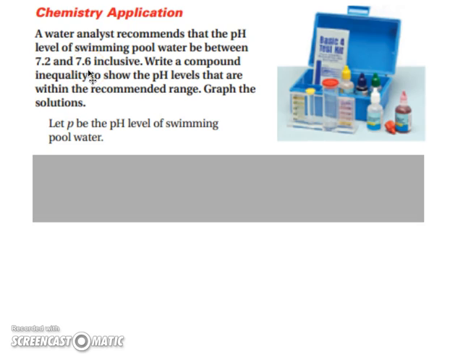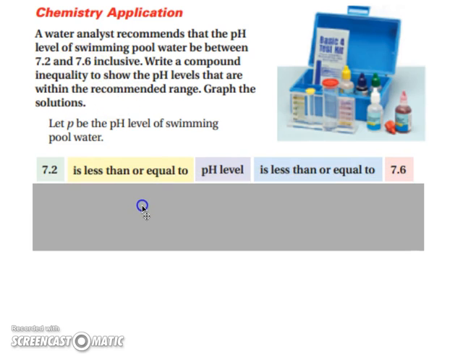So inclusive, we're going to basically go between, because we're going to include everything between them. So we have 7.2 is less than or equal to whatever the pH level happens to be, is less than or equal to 7.6, inclusive. You need to go between them, and you're inclusive, so you're including the 7.2 and you're including the 7.6.